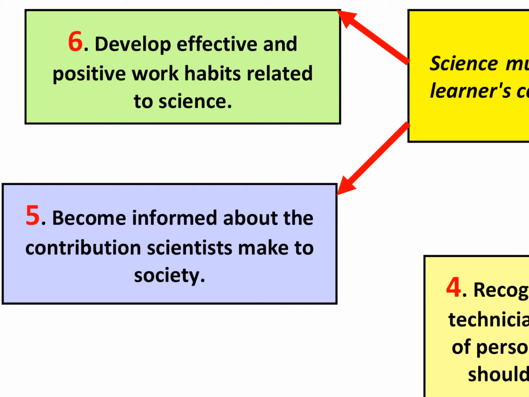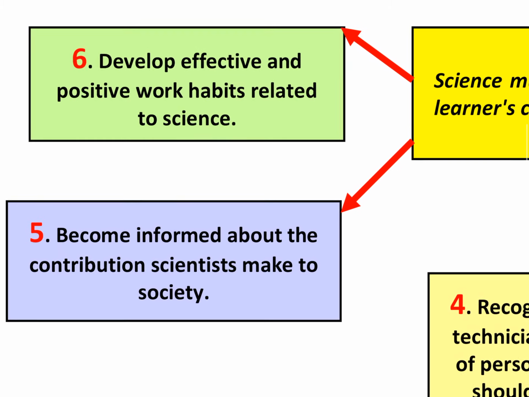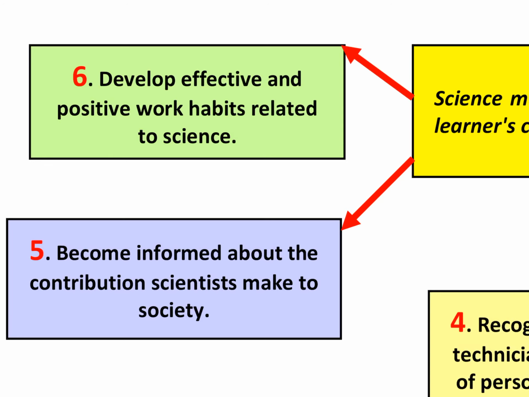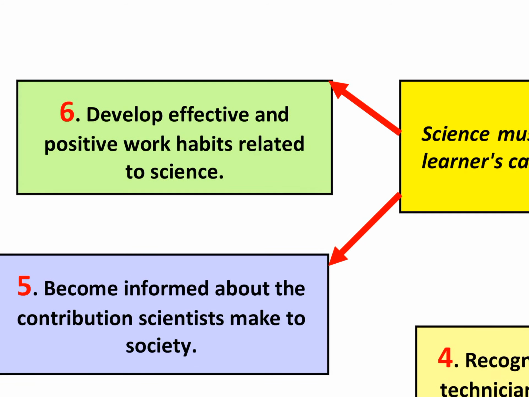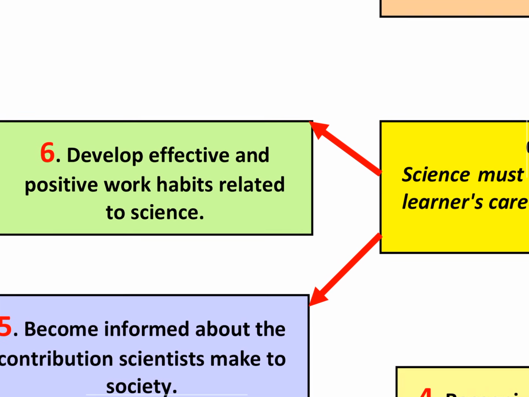That's why you can see in the textbook, in certain areas, the life sketches of some famous scientists are given, and what their main contribution in the field of science for society is. That is also incorporated in the science curriculum. You can see it in the science textbook.